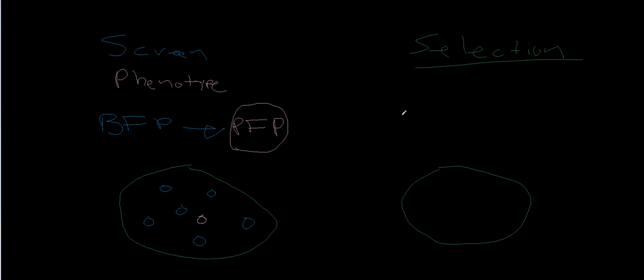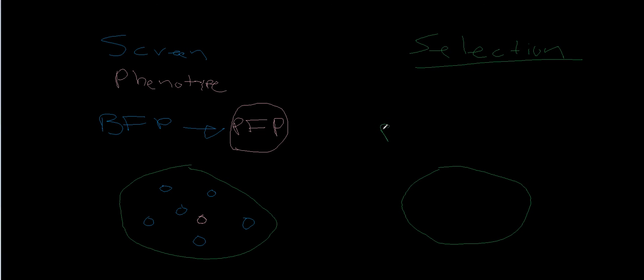This is not a really realistic example, but let's say we had a selection for pink fluorescent protein. Somehow the presence of that pink fluorescence would allow a cell to survive, and the absence would mean it would die.